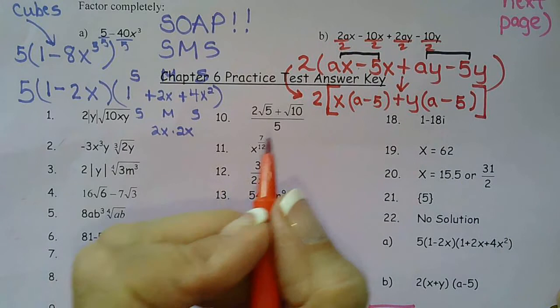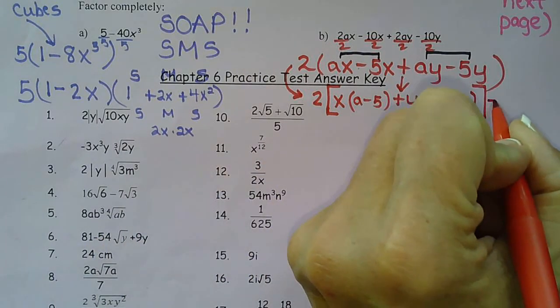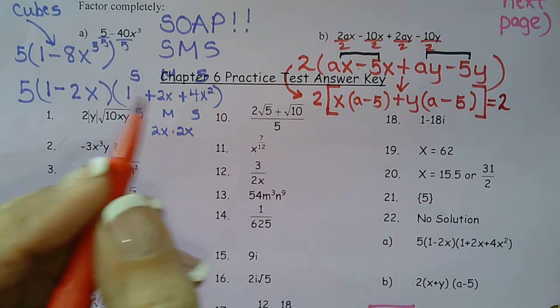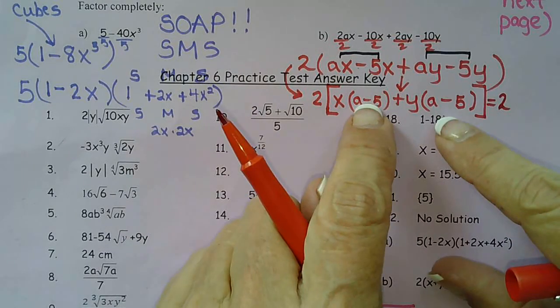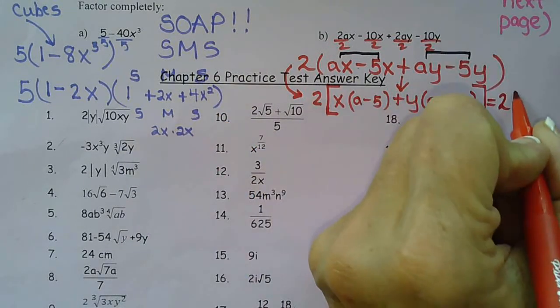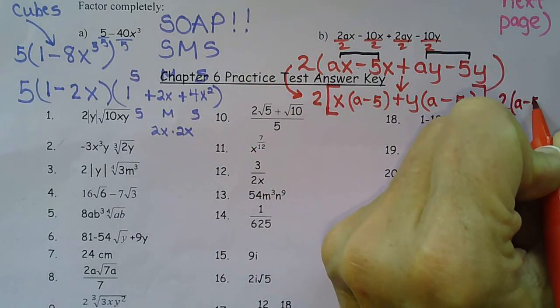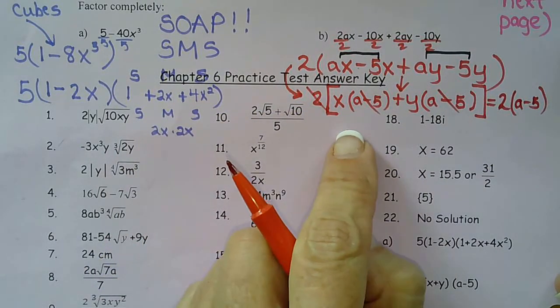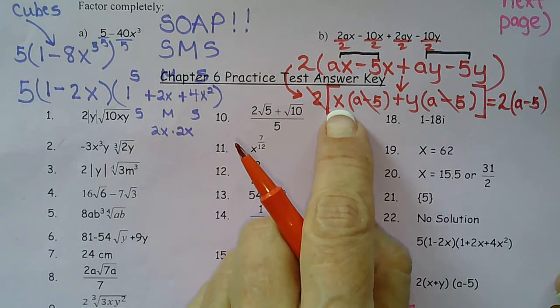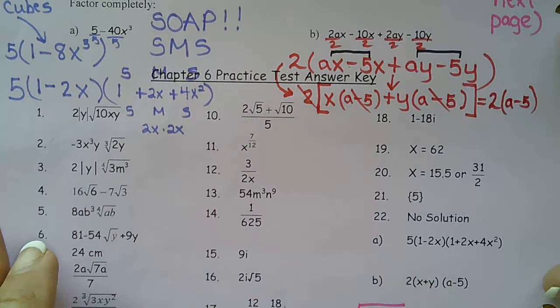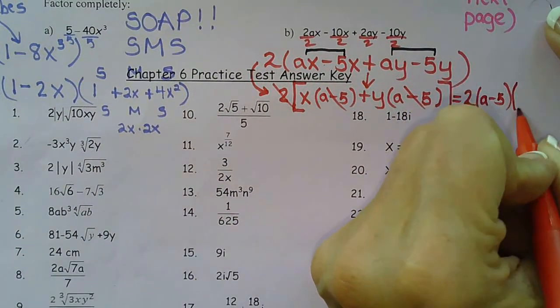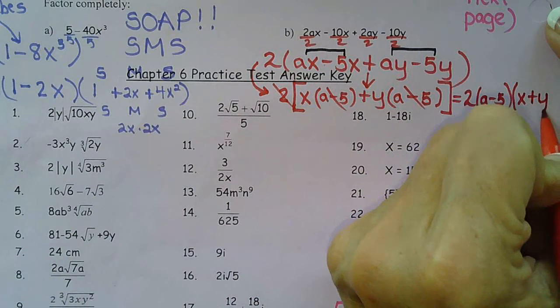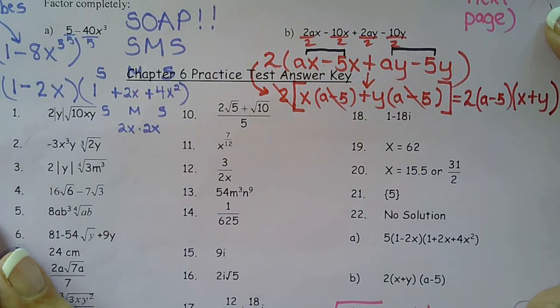Because they must match or you can't go on after this. So then to write my final answer, 2 stays out in front. Then I take out what's common, A minus 5. So the 2's been listed, the A minus 5's been listed, and then what's left goes in the second parentheses, which would be X plus Y. And remember, order doesn't matter.